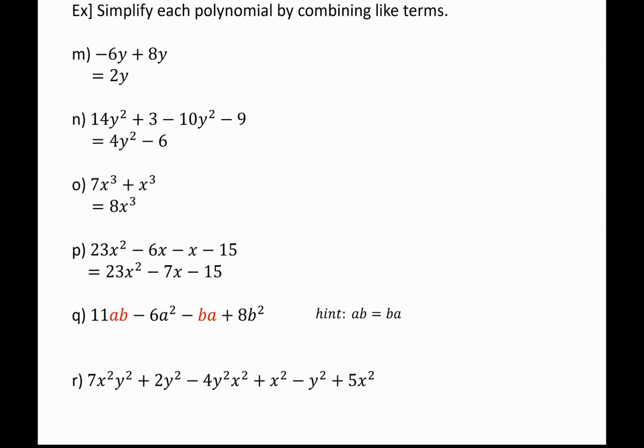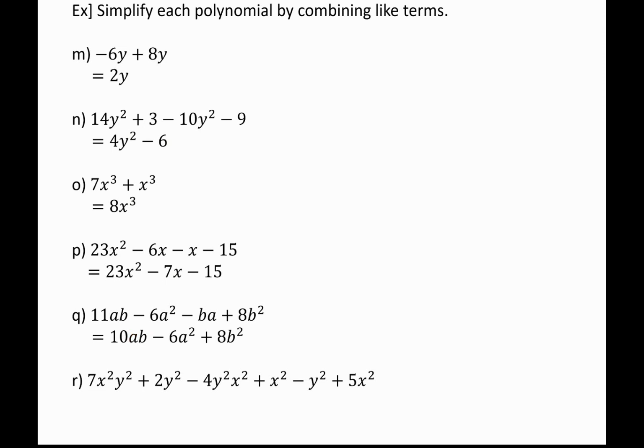This is a little bit of trickery that you might be confronted with, so I want to give you guys the hint of recognizing the commutativity of multiplication. So we can combine those like terms and we'll get 10 ABs. And yes, I'm calling it AB rather than BA because when you have multiple variables listed in a single term, it is conventional to list them in alphabetical order. So I opted for the AB in my simplified form rather than BA.